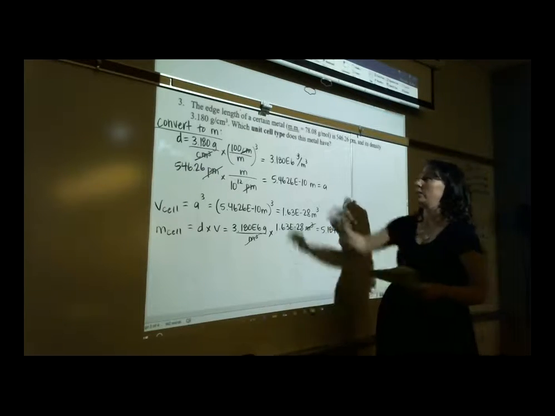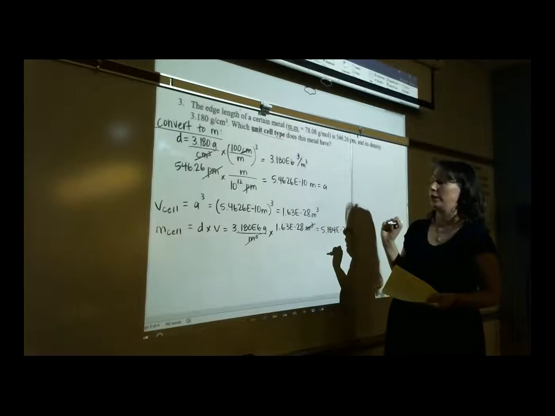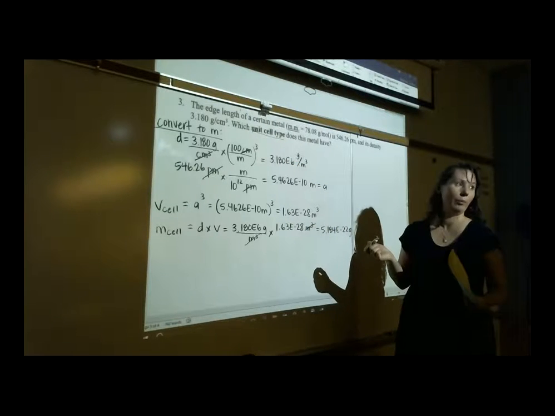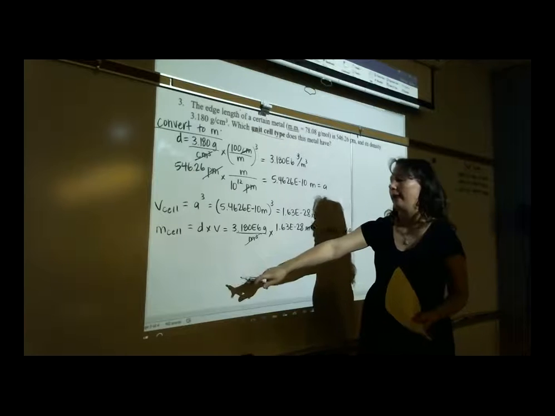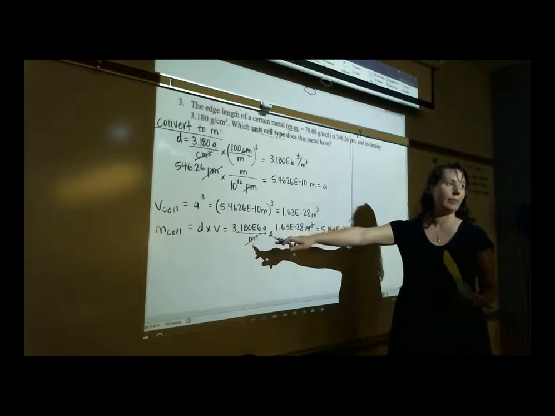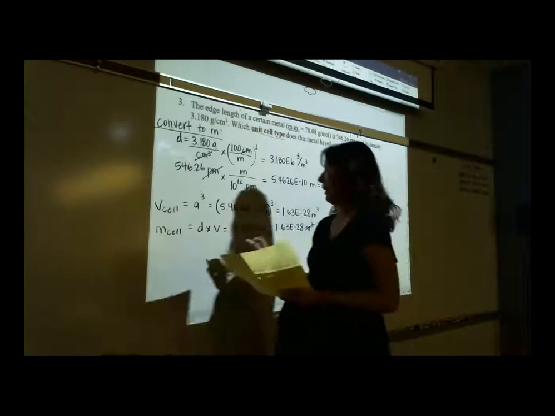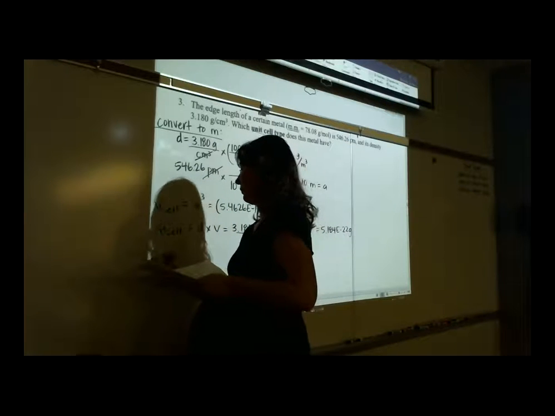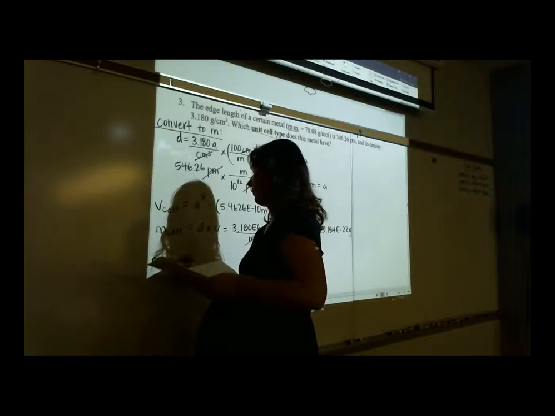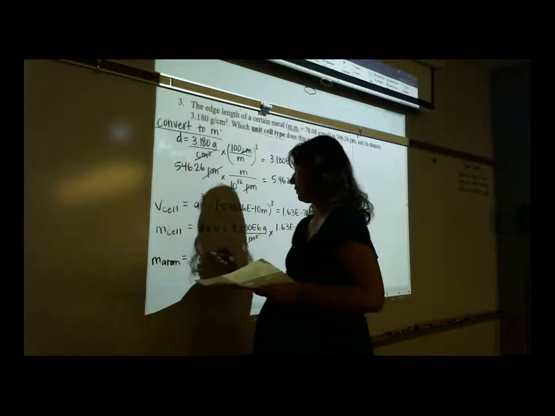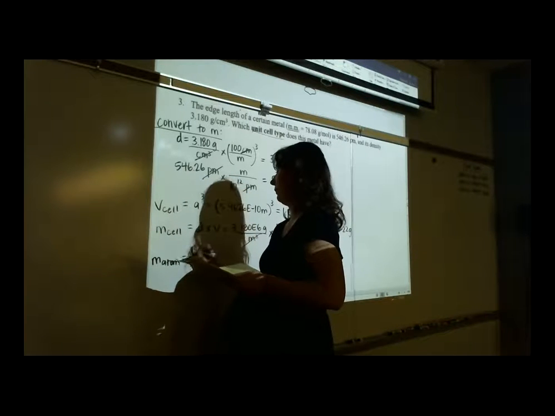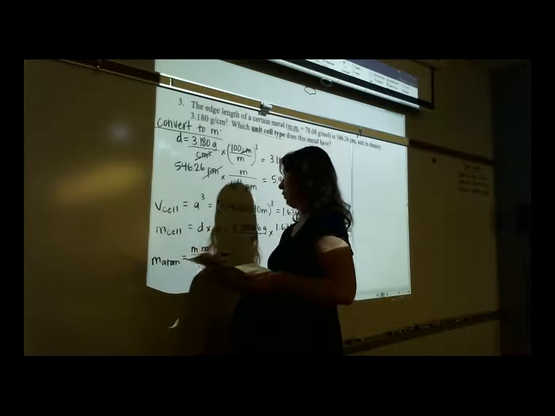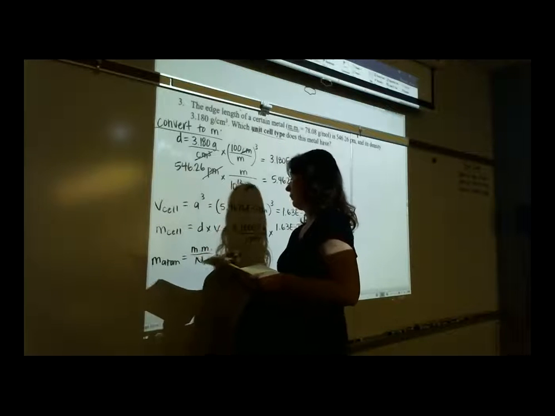To get unit cell type, we need to figure out the mass of an atom, right? And then figure out how many atoms fit inside one cell. So how would we get the mass of the atom? Molar mass divided by Avogadro's number, right? Molar mass over Avogadro's number.